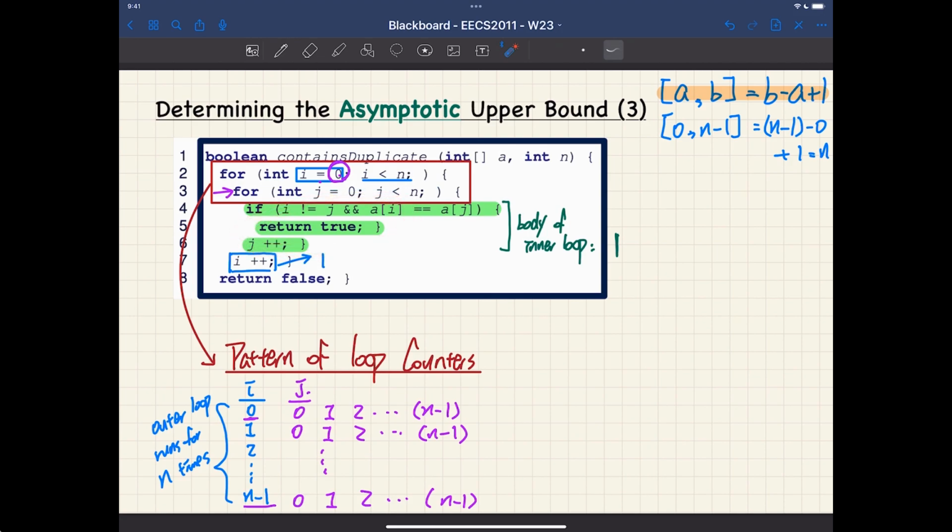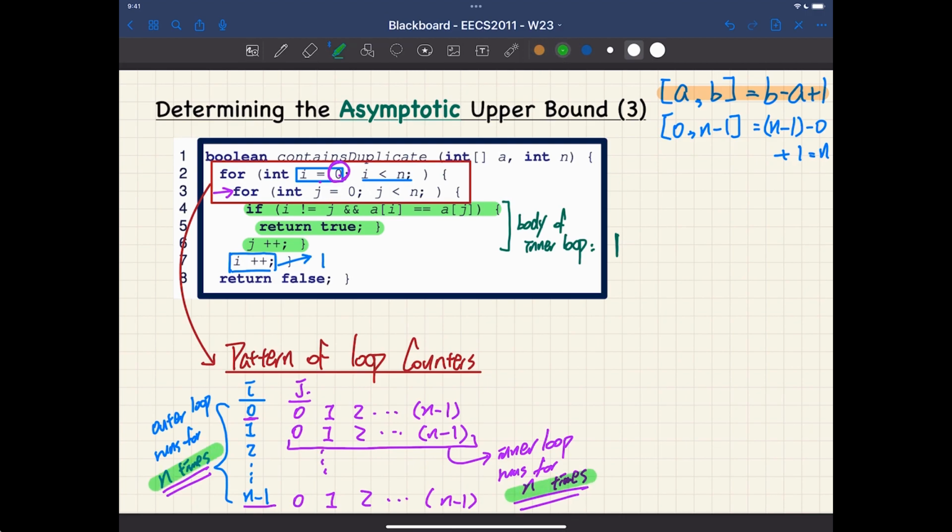So now you can think about each iteration of i. You can see this inner loop also runs for n times. So we've got two critical numbers, here and here.